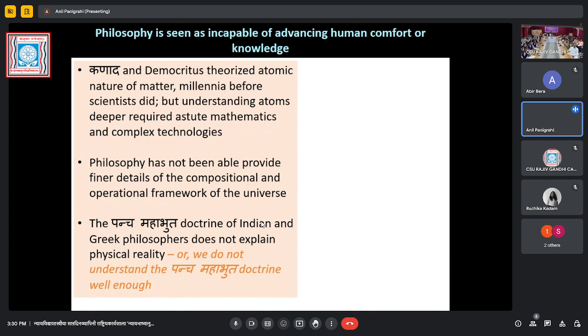So that does not explain our compositional framework, or quite likely we do not understand the Panchamahabhuta doctrine well enough. At least I do not.